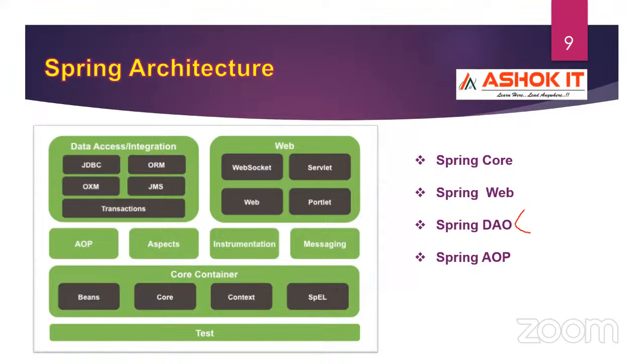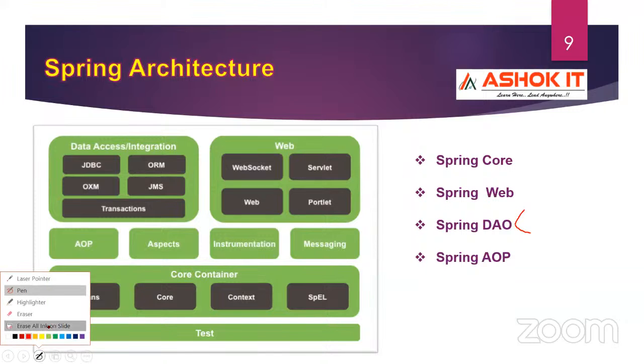Spring will get to know for which business method requires the middleware services and for which business method doesn't require them. That kind of configuration is what you work with in AOP basically. Understand? These are some of the important modules of the Spring framework, guys.